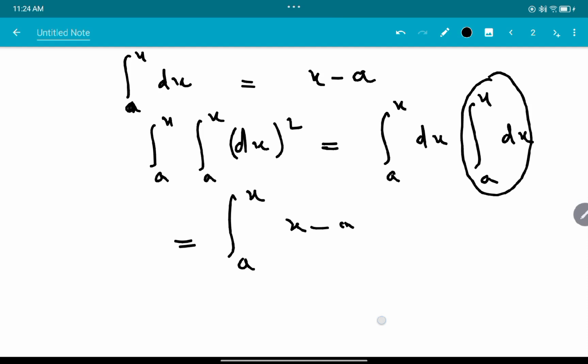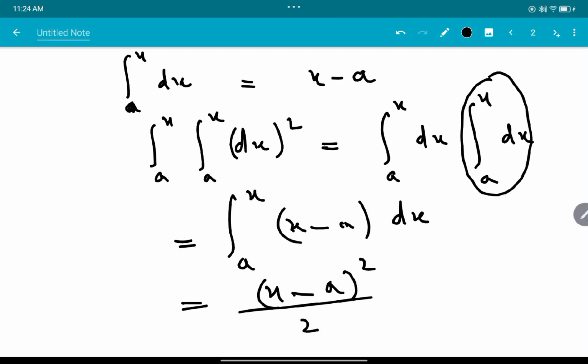Now x - a is multiplied by dx. The limits are the same, and when you integrate, it becomes (x - a)^2 divided by 2. After using the limits, you still get the same, because the upper limit is x and the lower limit is a. So it is (x - a)^2 divided by 2.